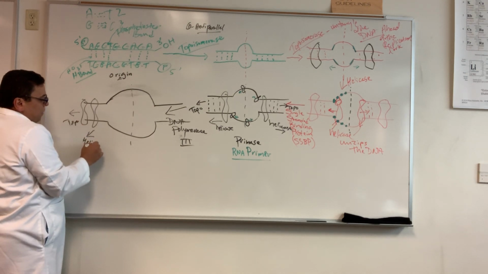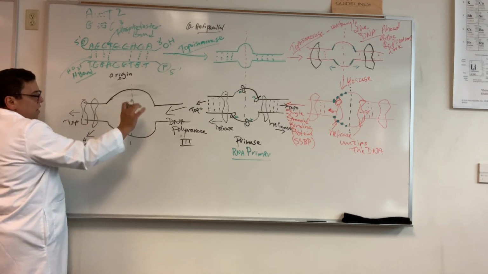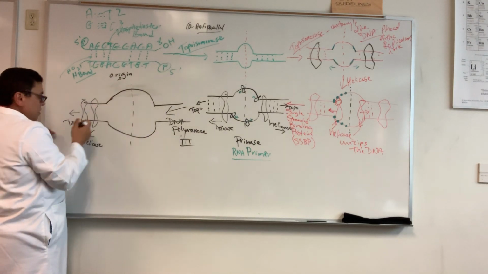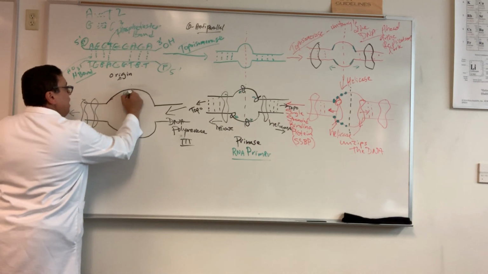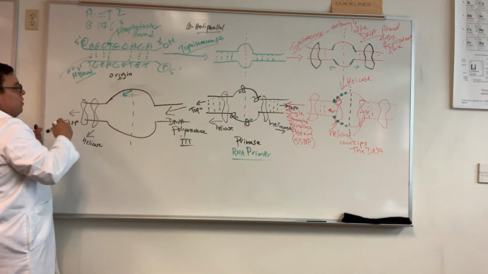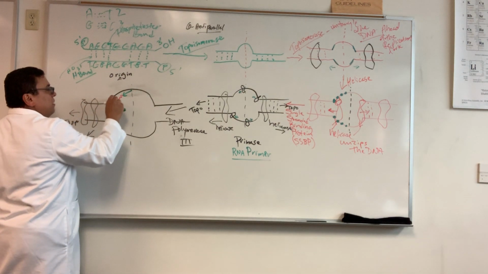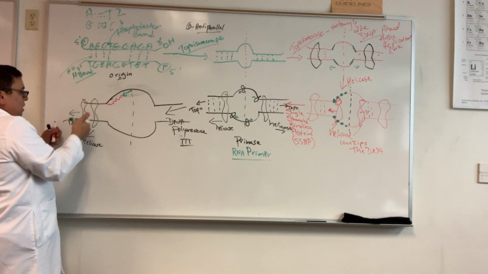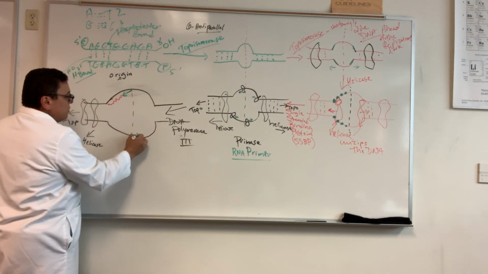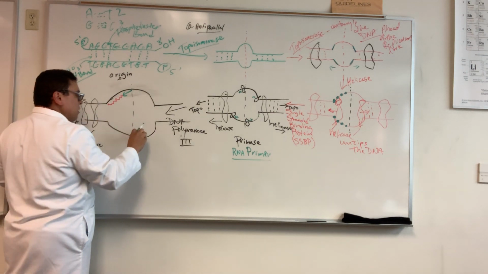Helicase is still unzipping. And again, whatever I do on this side, that side is the same. Now the primer sitting here. Now you're gonna start building the DNA. That's DNA polymerase doing that. DNA polymerase is right here now, building the DNA. Whatever happens on this side, happens on this side. It's an inverse mirror image. Here it is.